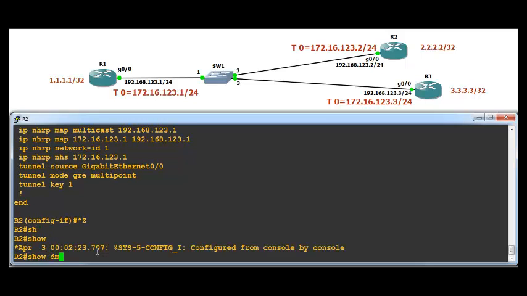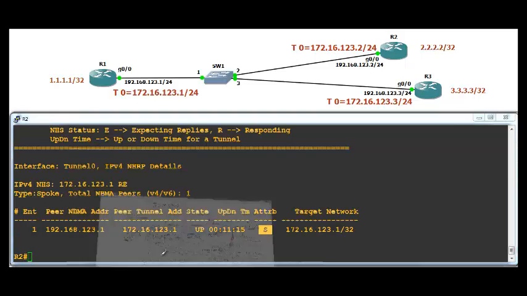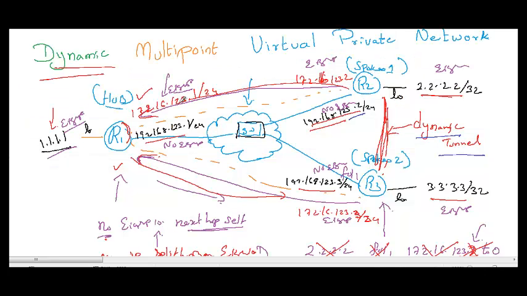Show dmvpn. It says, I know only one person called router 1 and I'm up with him statically. You see that? That's what I was saying in the beginning. R2 will go and form an association with R1 statically. Likewise, R3 will form with R1 statically.